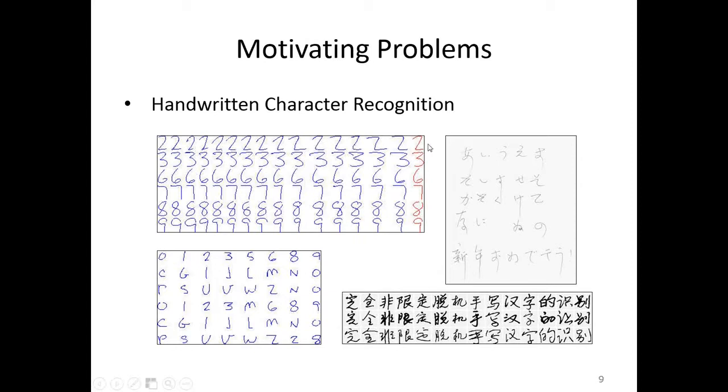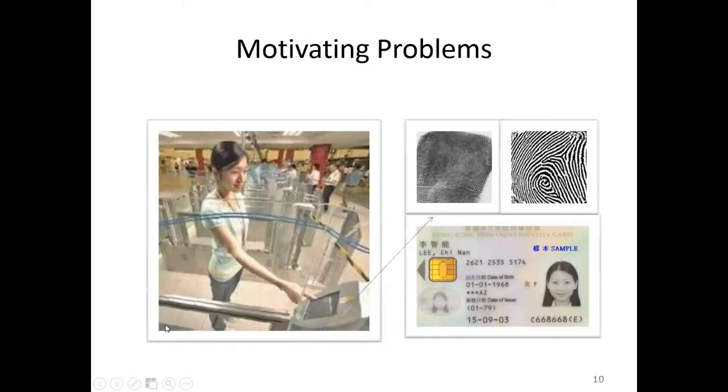The first row is many different ways of writing the digit two, and at the end I need to tell my system that all of the first row is the character number 2, the second row is character number 3, and so on. Or we can use Chinese letters, or Japanese letters, or Greek letters, and so on.